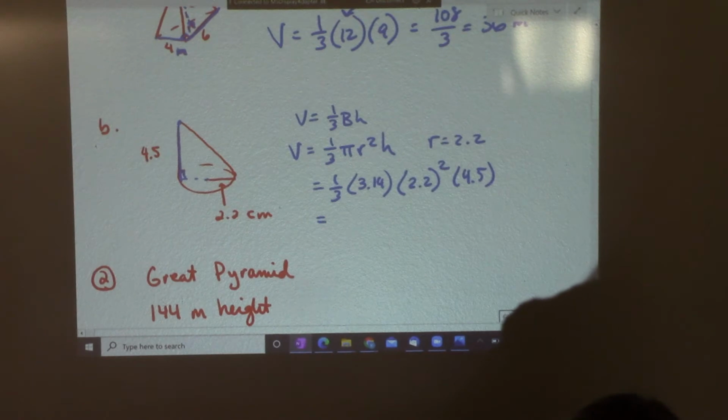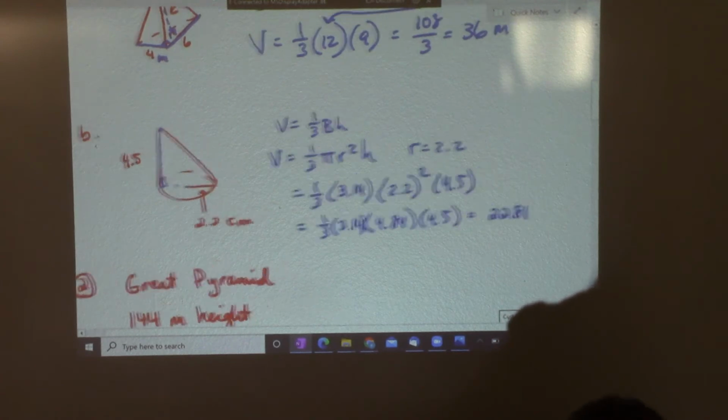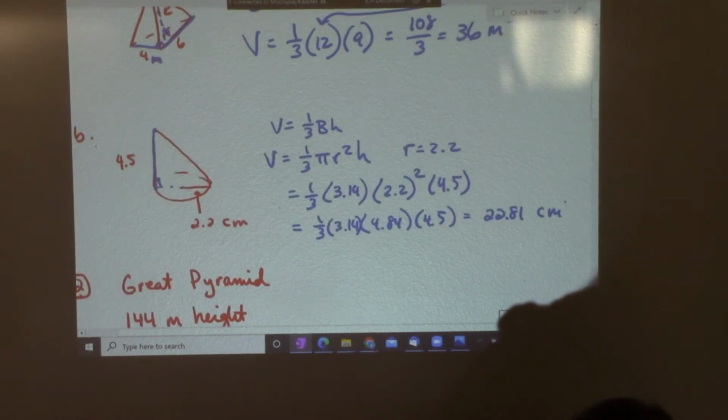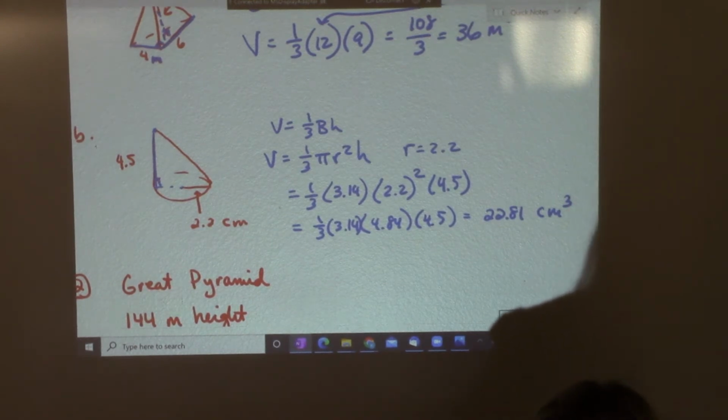Okay, so I have 1/3 times 3.14, and 2.2 squared is 4.84 times 4.5, and when I work that out, I get 22.81 centimeters cubed. So that's my answer. It's just like the prisms and the pyramids, except you're now going to divide by 3.